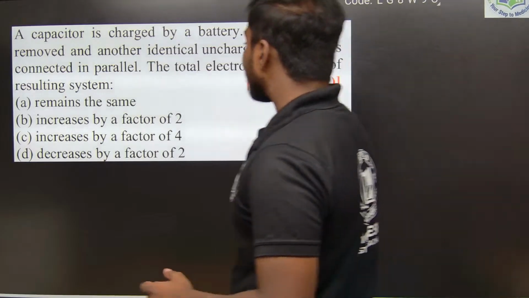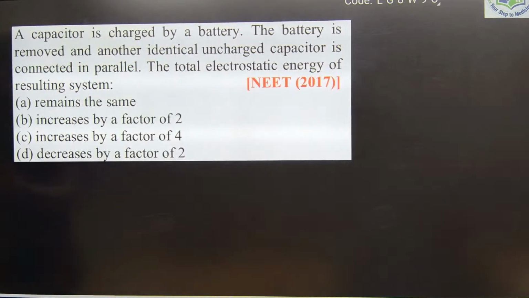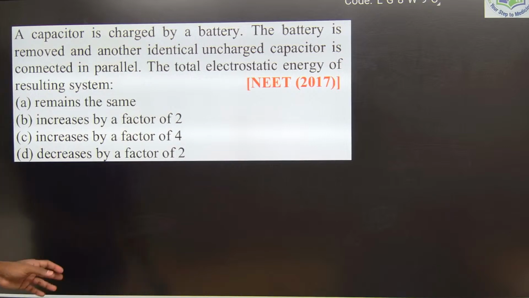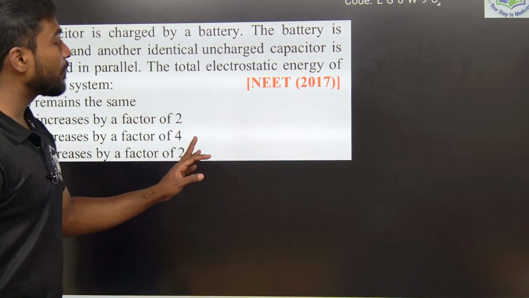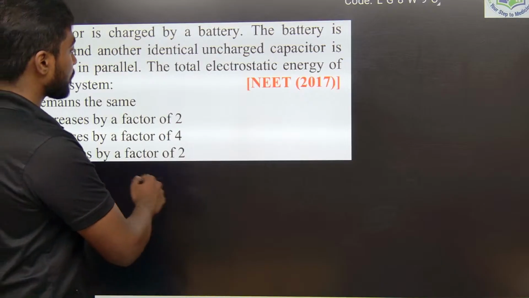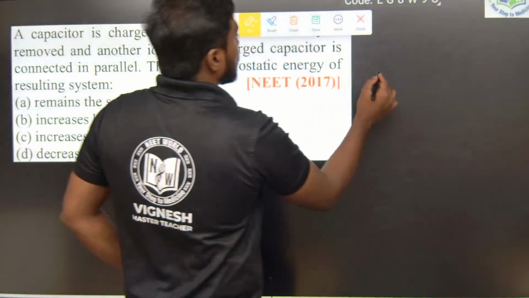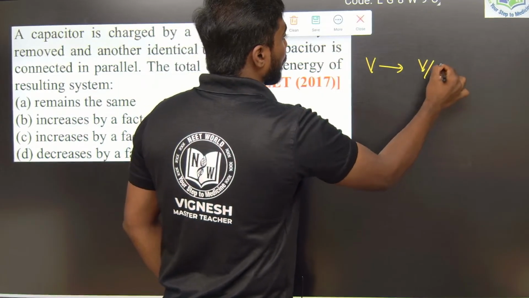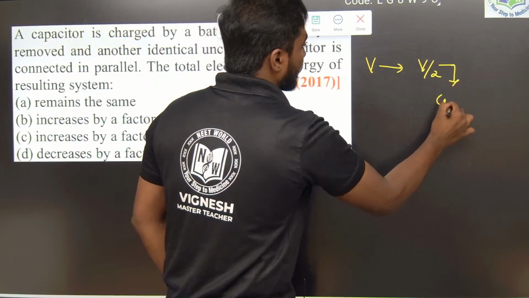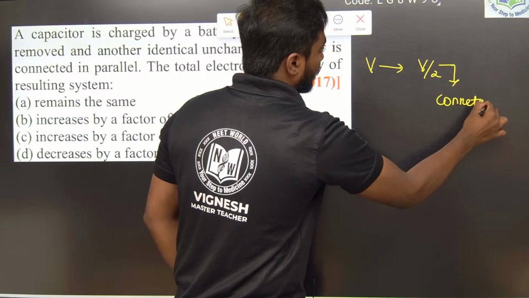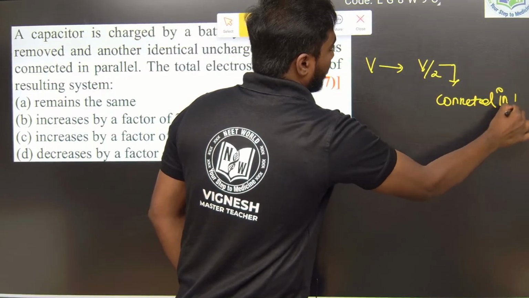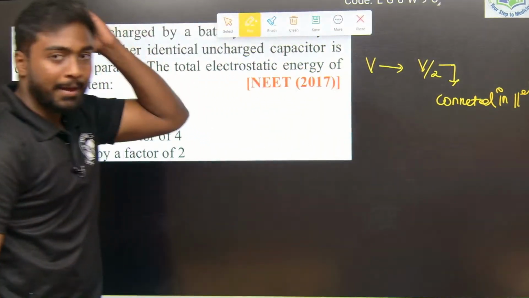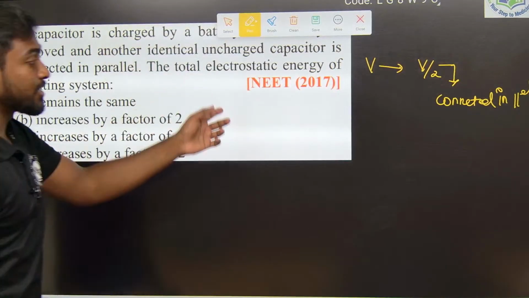When we talk about parallel, the voltage will be decreased, right? Connected in parallel, V will become V by 2. So what will be the initial energy?